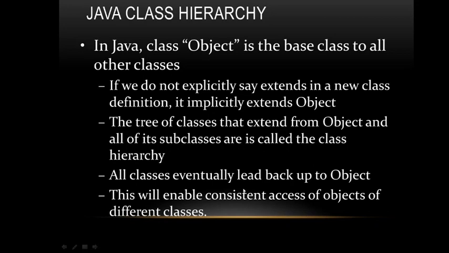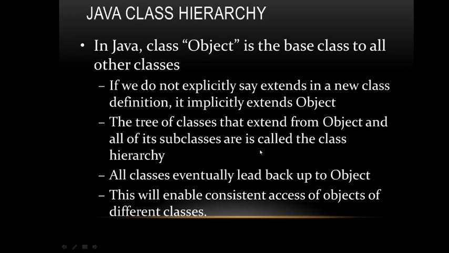Then what is the Java class hierarchy? In Java, Object is the base class to all other classes. If we do not explicitly say extends in a new class definition, it implicitly extends Object. The tree of classes that extend from Object and all of its subclasses is called the class hierarchy.